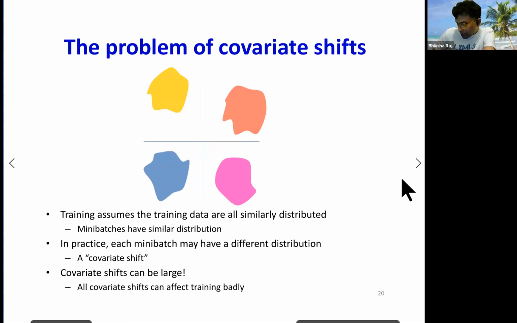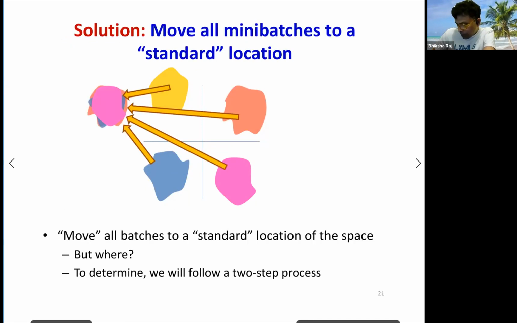And so we need a solution. The solution to this problem is to shift. Basically, you have each of the mini batches. We know that they are shifted with respect to the overall distribution of the data and with respect to the other mini batches. So what we would like to do is to shift all of these mini batches individually.